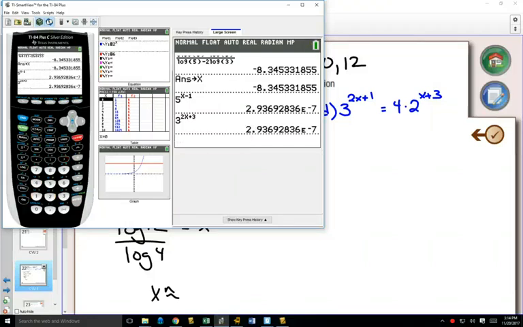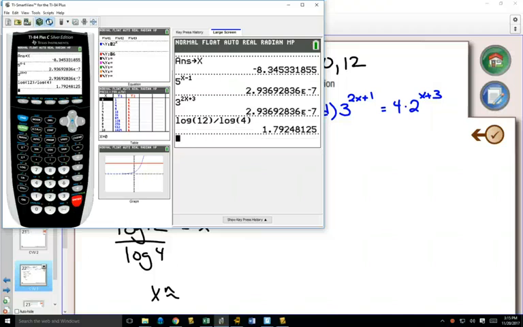Whoops, I forgot a bracket. Log 12, now I forgot a 2. There we go. Log 12 divided by log 4. And we get 1.792.